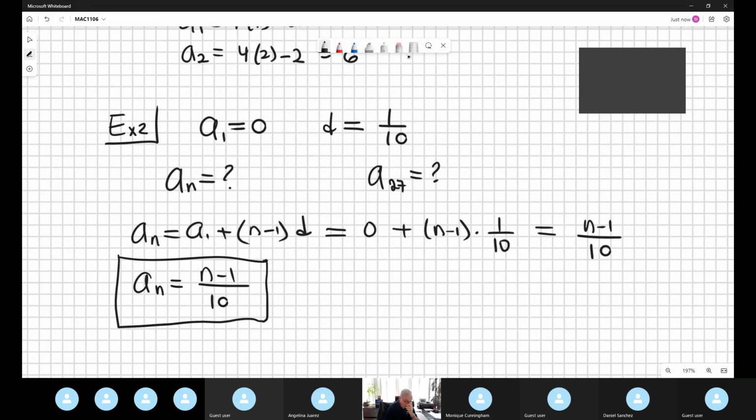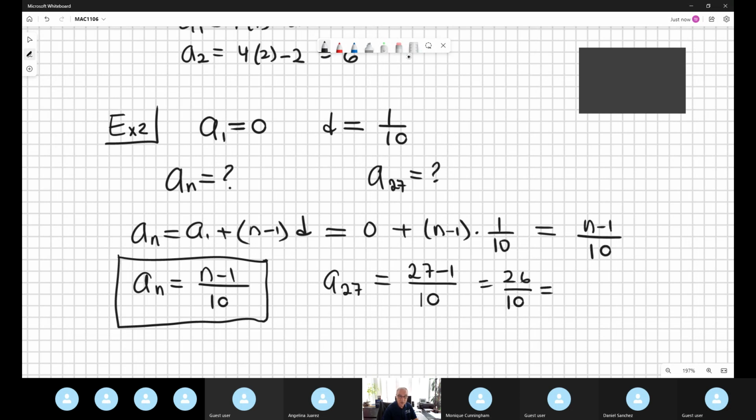This is the formula. Suppose I want to find one specific term, well, you plug it in, you replace n for 1, 2, 3, but in this case, they want 27. So a sub 27 is equal to 27 minus 1, divided by 10. 27 minus 1 is 26, divided by 10.